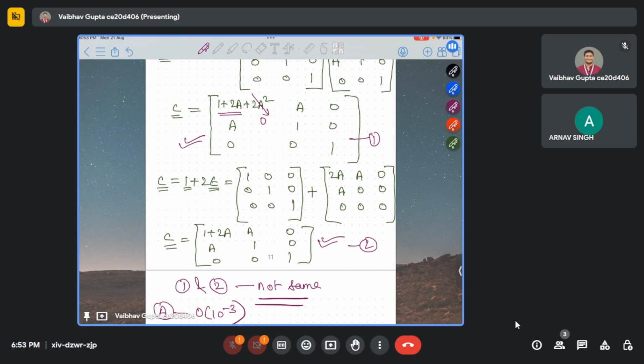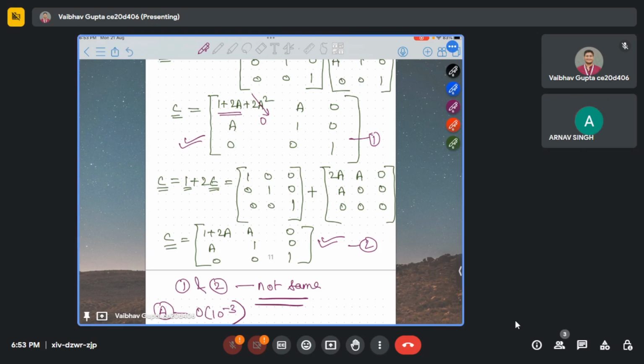But if you are saying square, it becomes too small. Like if 2 into 10 to the minus 3 or 5 into 10 to the minus 3, these are reasonable. But if you say I am just adding 10 to the power minus 3 with 10 to the power minus 6 or 10 to the power minus 5, these are not the same. Okay, sir, I just want to ask whether for 2A, 10 to the minus 3 is valid or not?